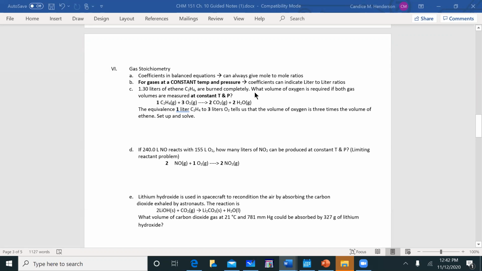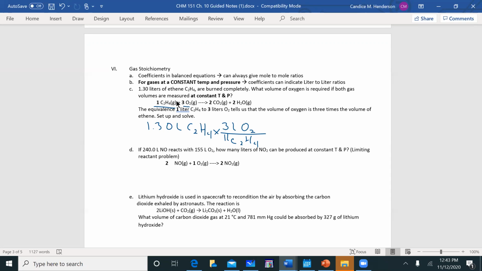And what we'll find is that, where was our given? 1.3 liters of the ethene. And we know that for every 1 liter of ethene, 1 liter of C2H4, we will need 3 liters of the O2 to balance it out.